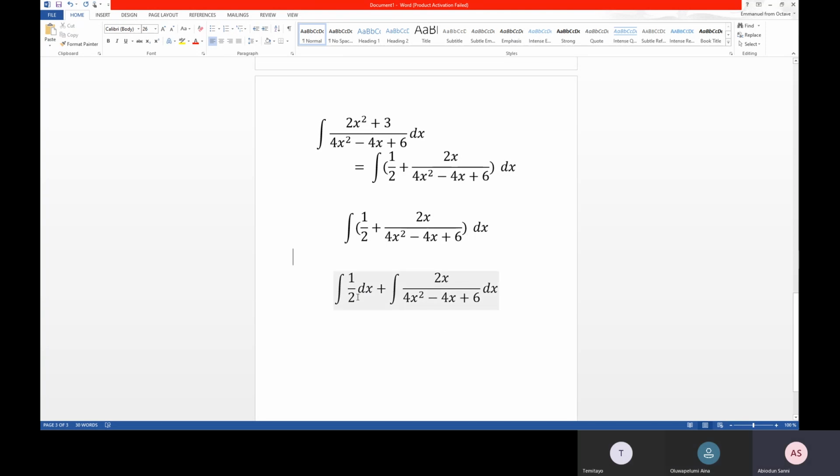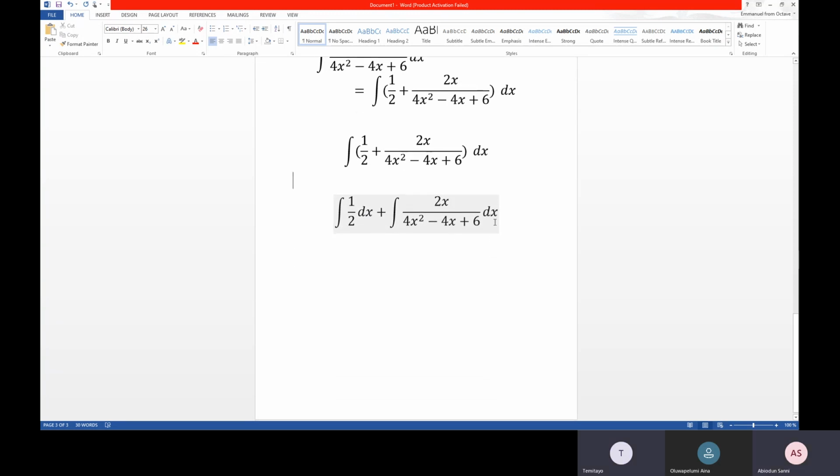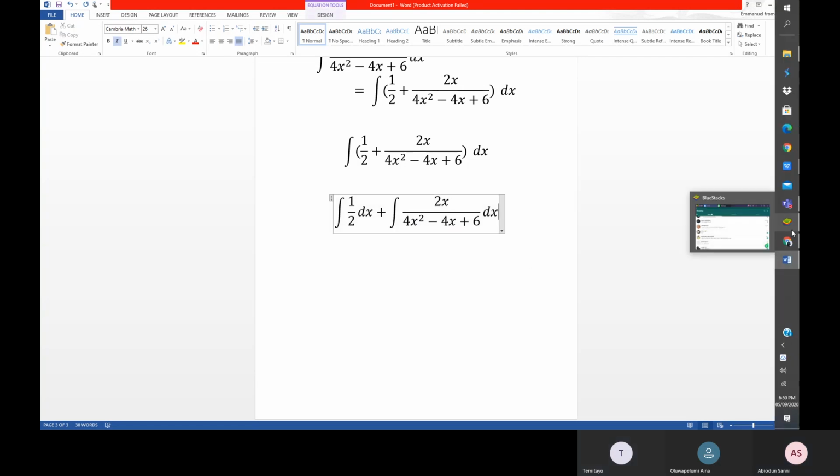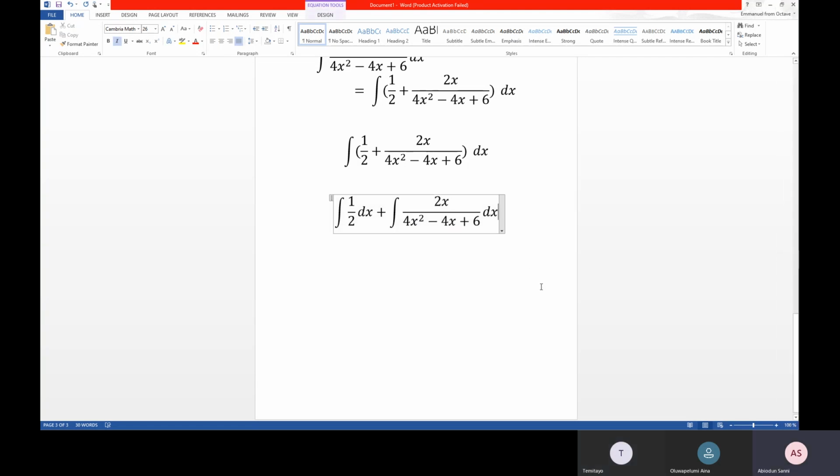Yes. Now, if you integrate half, what's the answer? That's 1 over 2x, so that's half x.